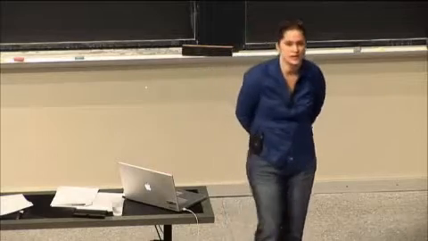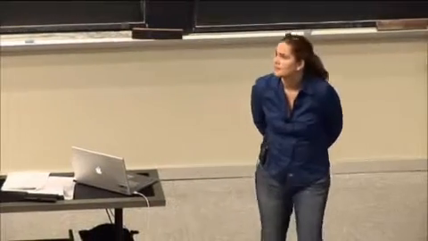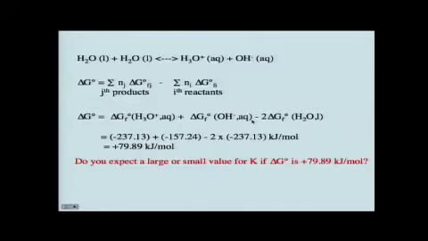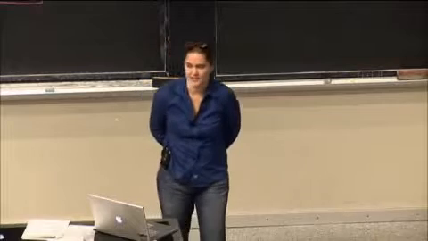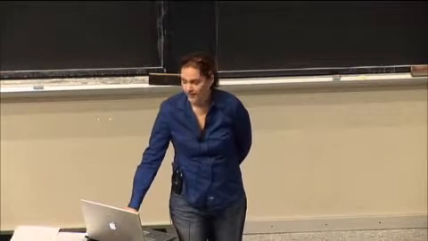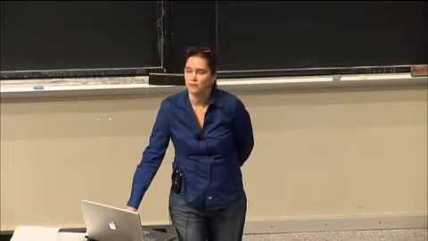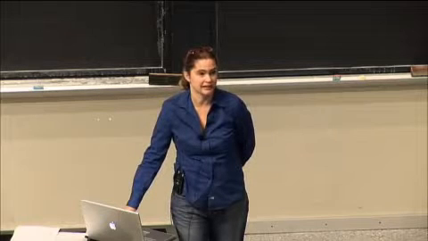So without doing any more math, which we'll do in a minute, do you expect a large or small value for K, the equilibrium constant, if delta G naught is positive 79.89 kilojoules per mole? We would expect it to be small. And you probably already knew that there's a lot of H2O in a glass of water.